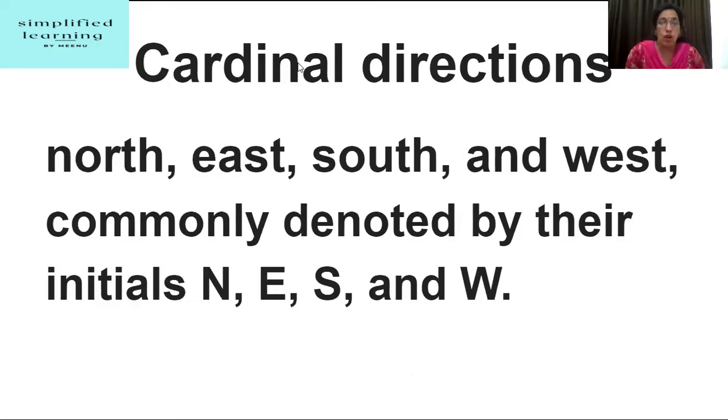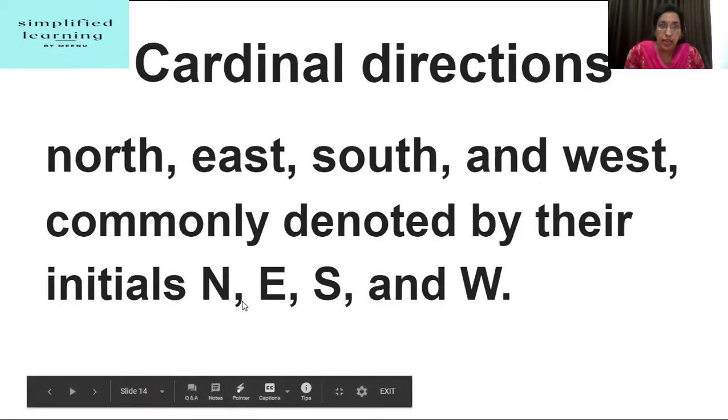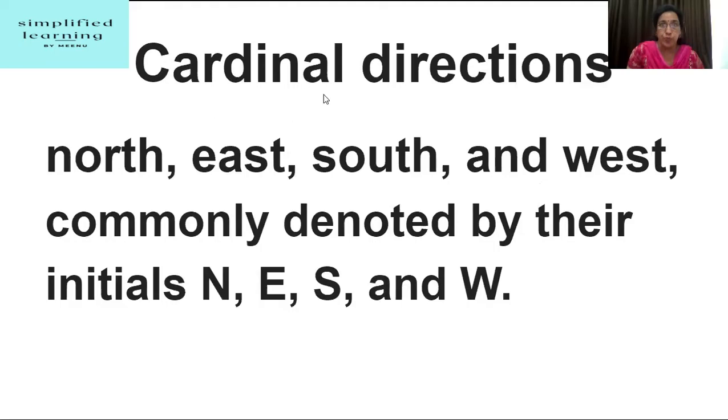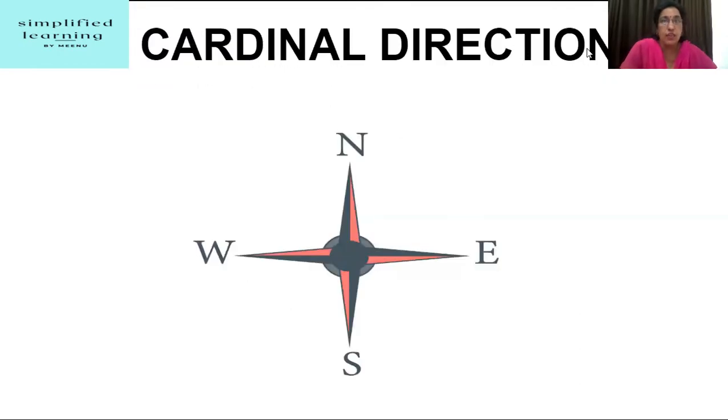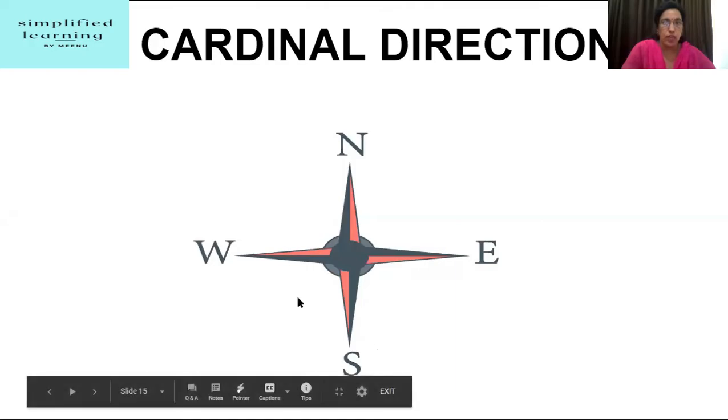Main directions are also called cardinal directions: north, east, south, and west, commonly denoted by their initials, that is capital N, capital E, capital S, and W. So yes, these are cardinal directions: north, east, south, and west.